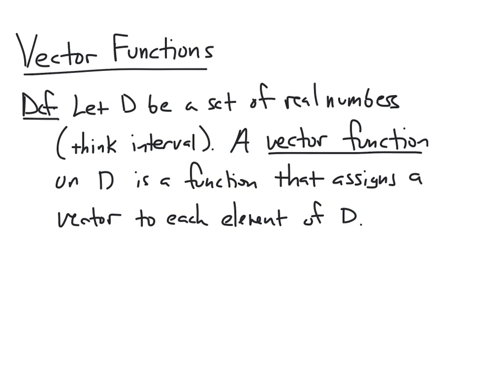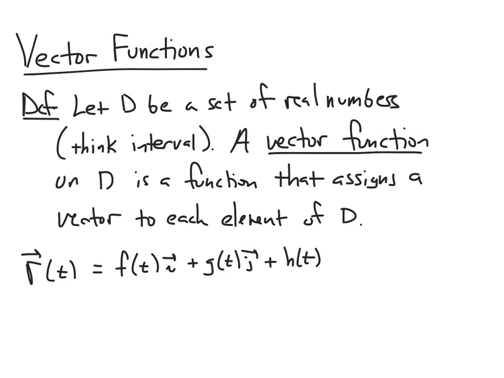And in terms of notation, what we will often do is maybe we'll call this function R. So it'll be R of t. Notice we've called R a vector by indicating the arrow above it. And we can write this using the standard basis vectors. So we could write this as f of t times i plus g of t times j plus h of t times k.